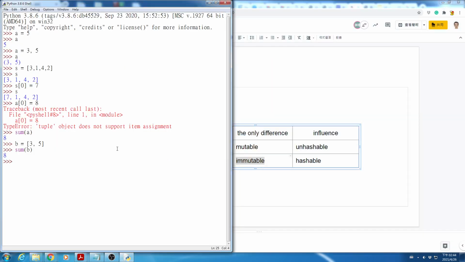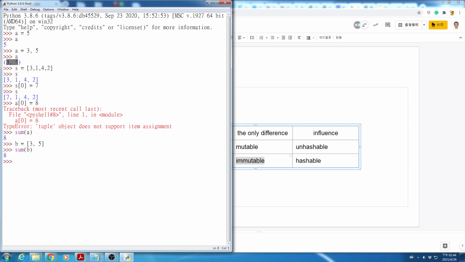So, to sum up, you need to listen, you need to look carefully. When you assign multiple values into a single variable, these values will actually be packed into a structure called a tuple, which is enclosed in a pair of parentheses.